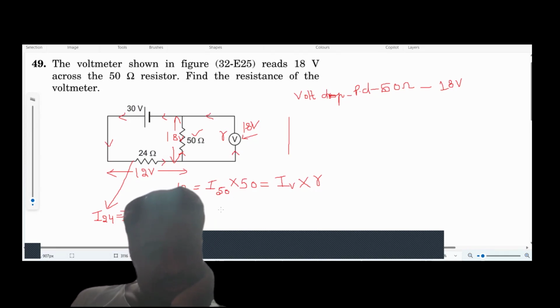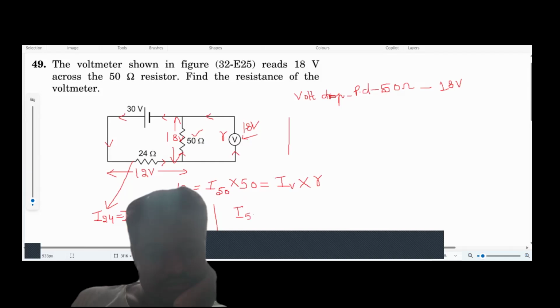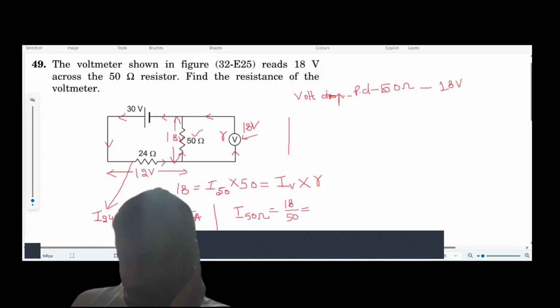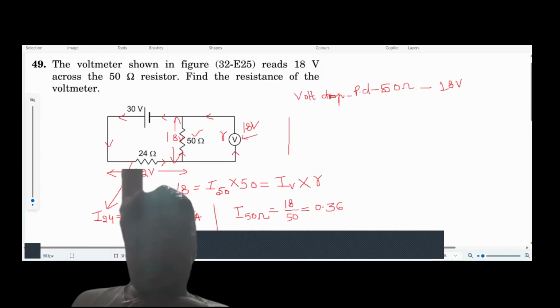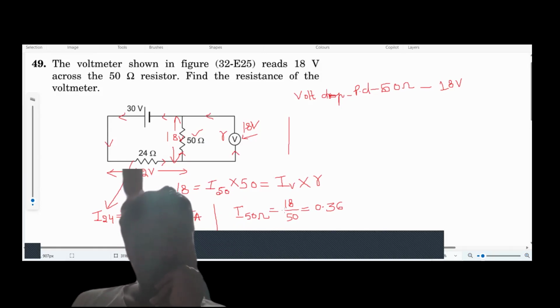Okay, so let's find out I50 first, the current flowing through the 50 ohm resistor. I50 is equal to 18 by 50. 18 by 50 means 0.36, because 1.8 by 5. 5 sixes are 30.